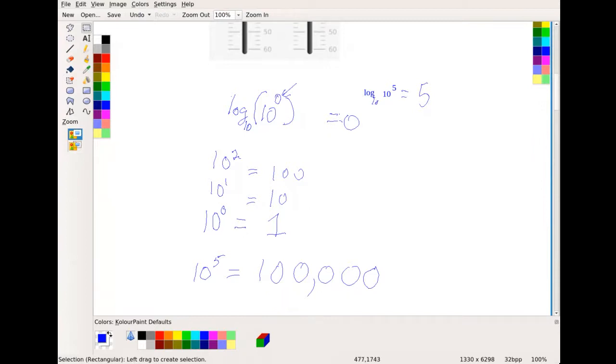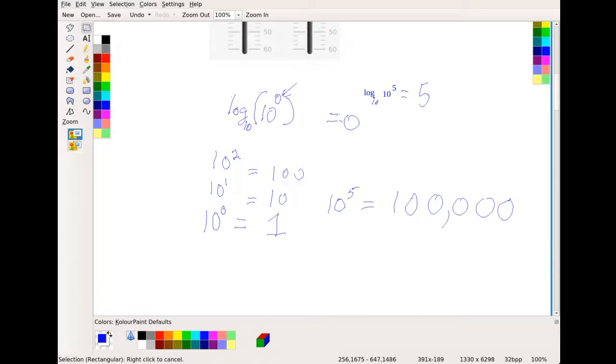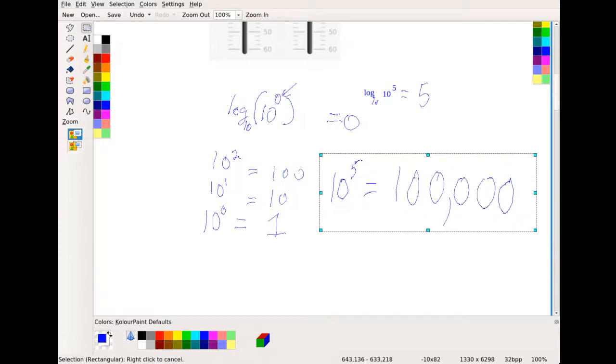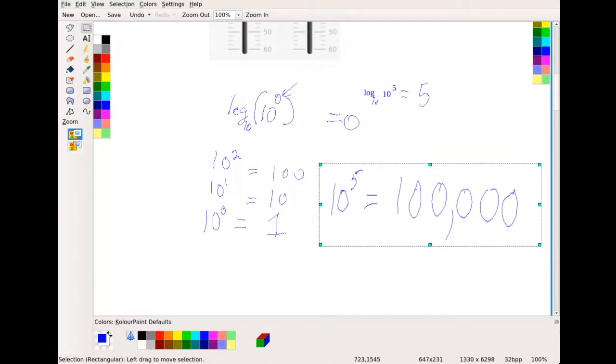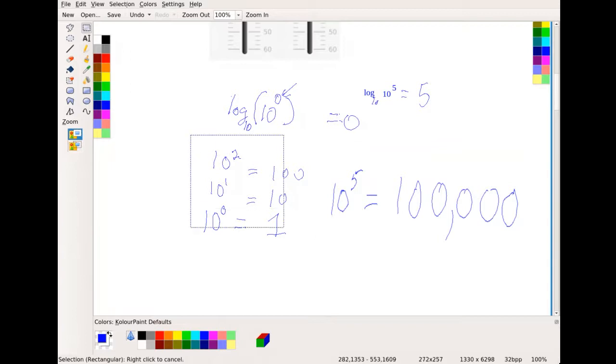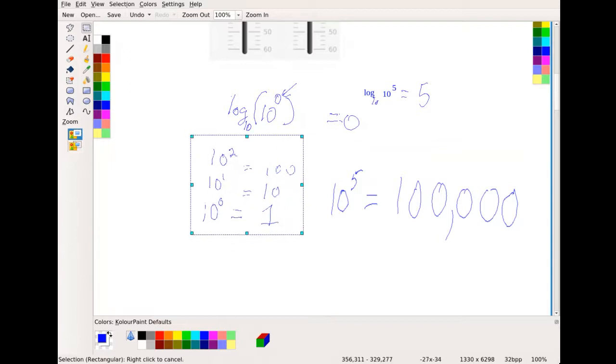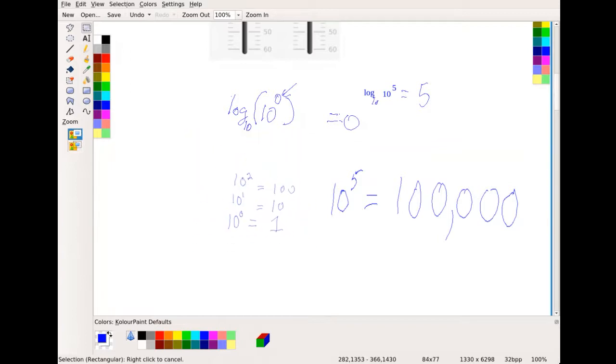All right. So 10 to the 5 is this huge value, right? And it's just dominating these little numbers, and they basically disappear here.